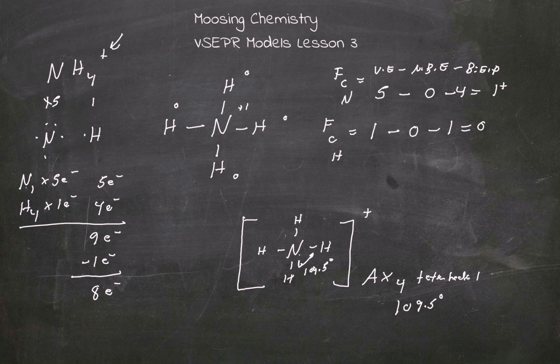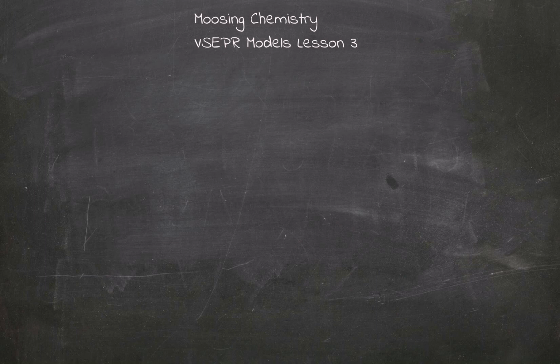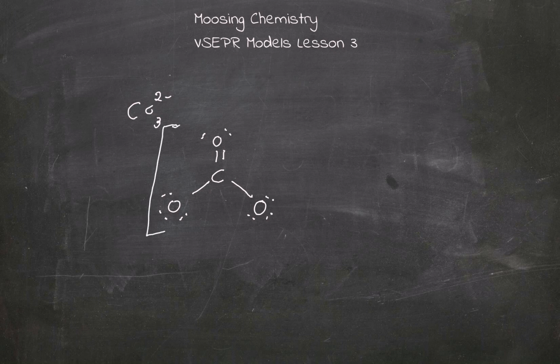Now, looking back, we have to go back and do something here real quickly. So clear all drawings here. The CO3 2-, we said looked like this, and it had a 2- charge.